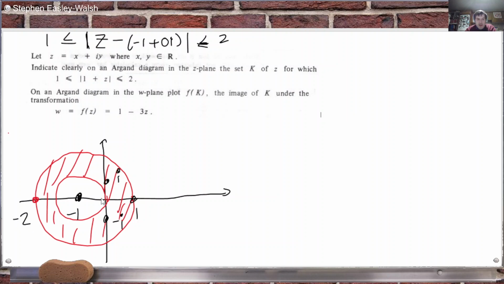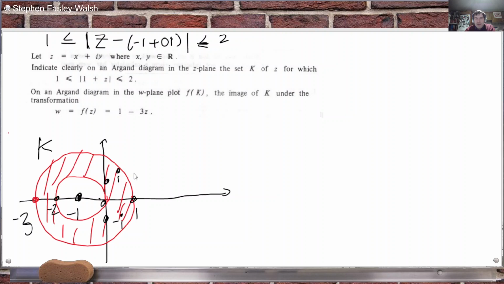And that's minus 1, and that's 0, and that's 2. Did I do that right? Oh, sorry, no. The radius is 2, and that's minus 3. That's minus 2 there. That's 0. So 1, 2, yeah, that's it, okay. And that is called K.